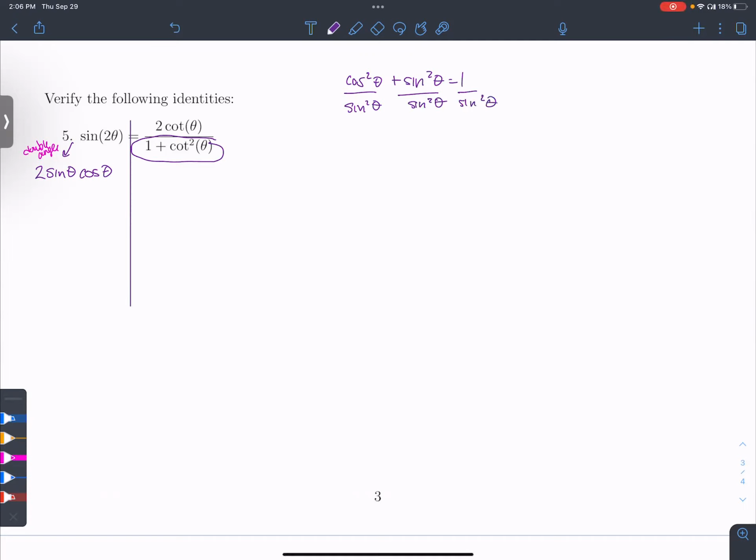Okay, so then I have cotangent squared theta plus 1 is equal to cosecant squared theta. So I'm going to go ahead and do that. So I have 2, I'm going to change this to cosine over, actually, no, I'm not. Oh, so 2 cotangent theta divided by cosecant squared.